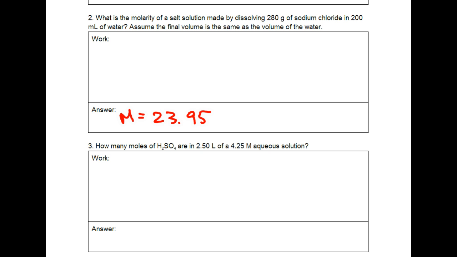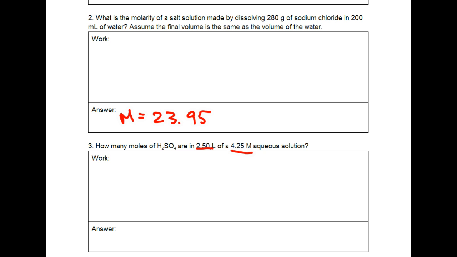It's asking for the number of moles in 2.5 liters of a 4.25 molar solution. So we're trying to figure out the number of moles, and the pieces of information we have are the liters and the molarity.